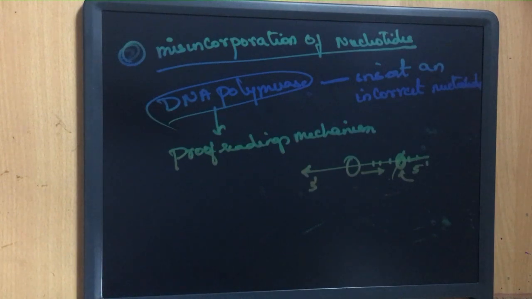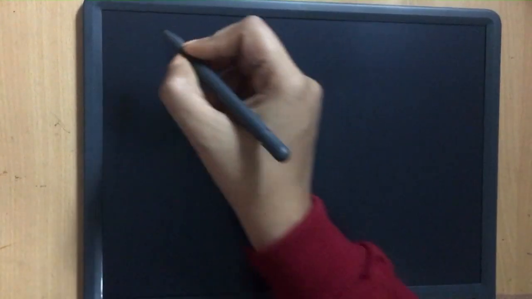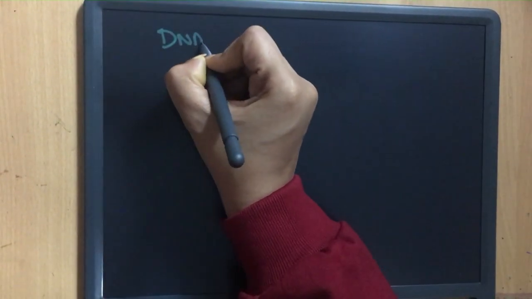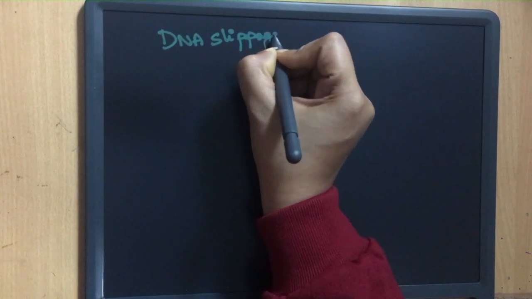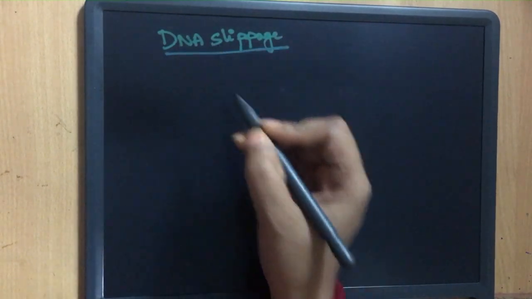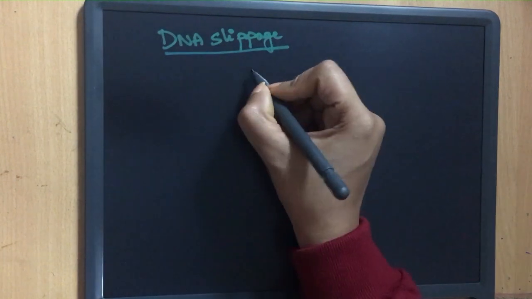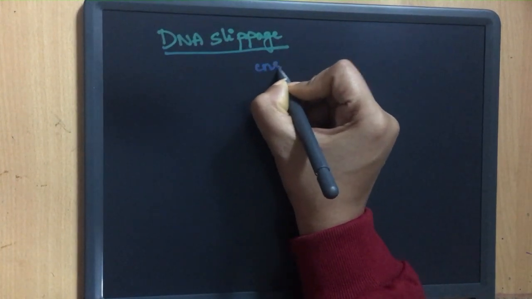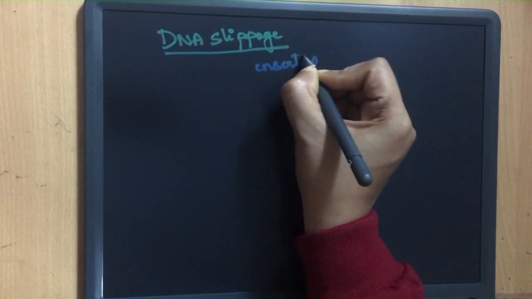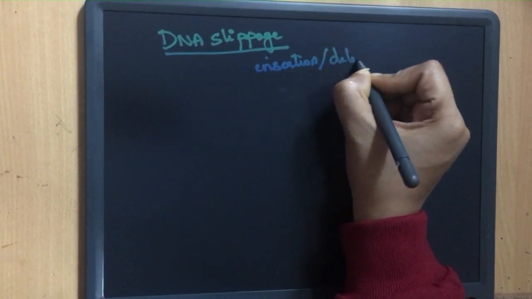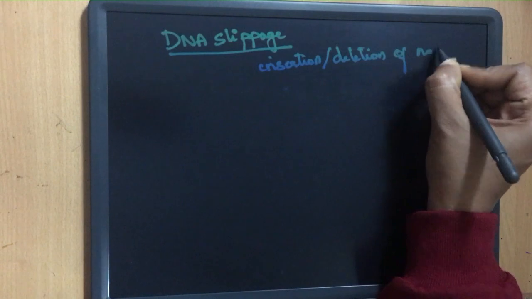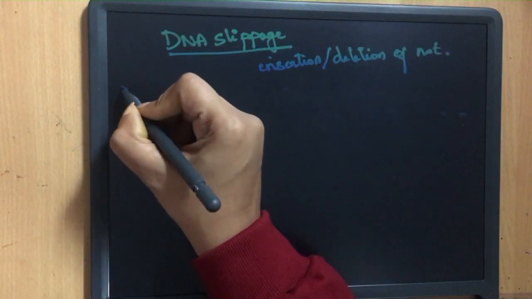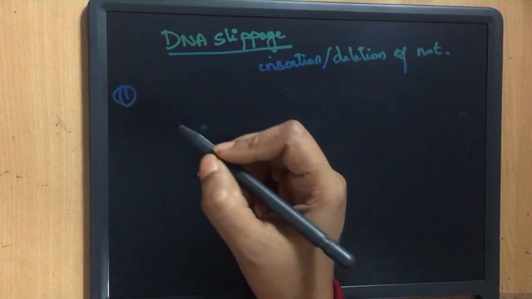Now let's look into another phenomenon called DNA slippage. DNA slippage is a phenomenon which brings changes in the DNA either by insertion or deletion of nucleotides. Okay, there are various phenomena in this.